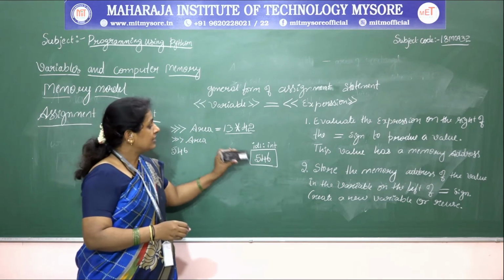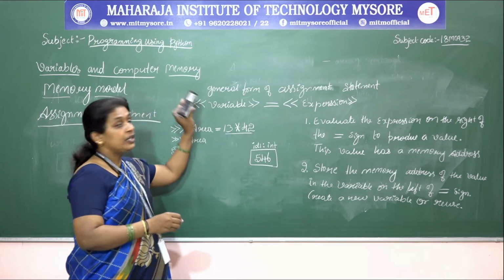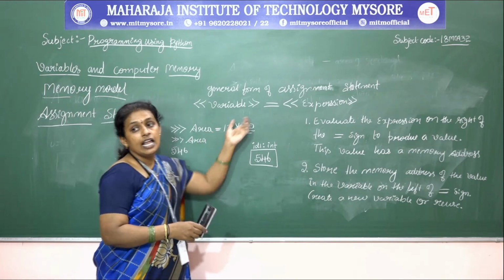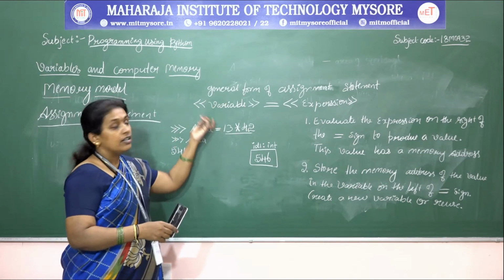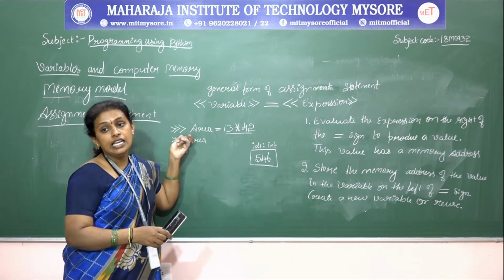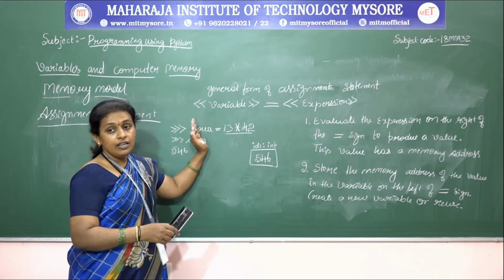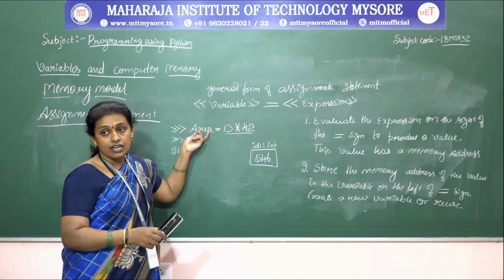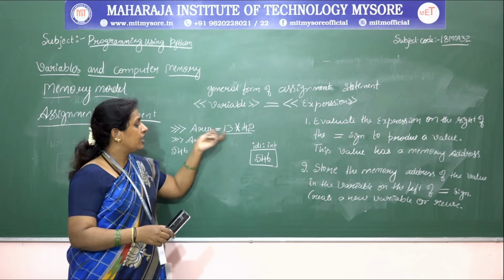After that, with respect to the left of the equal sign, that is the variable name, the variable on the left of the equal sign is area.